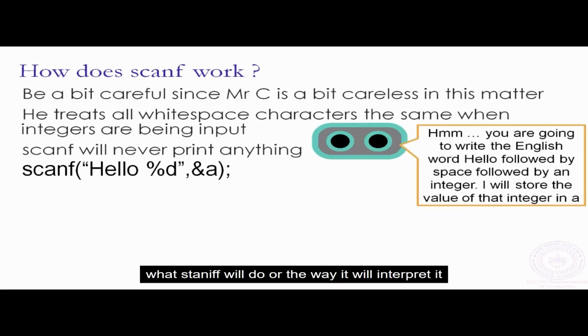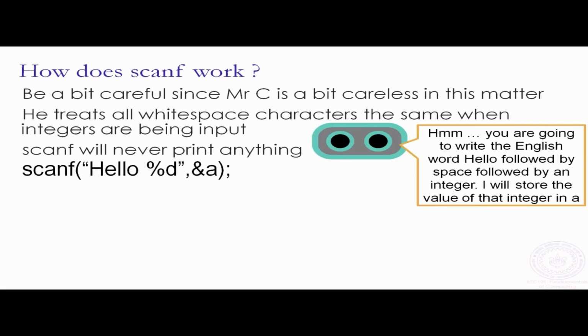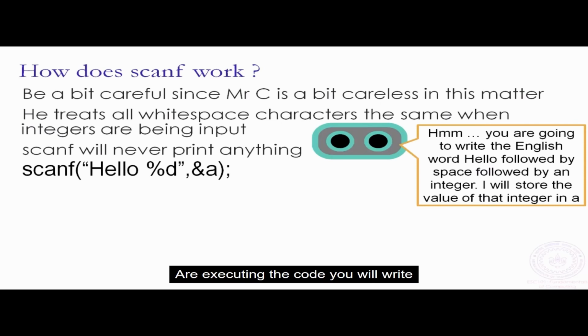What scanf will do, or the way it will interpret it, is it will expect that when you, the user, are executing the code, you will write the word hello with H capital followed by a space followed by an integer, and it is that integer that follows hello space that you have to store in a. That is what Mr. C will think.